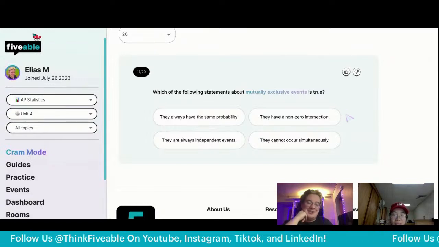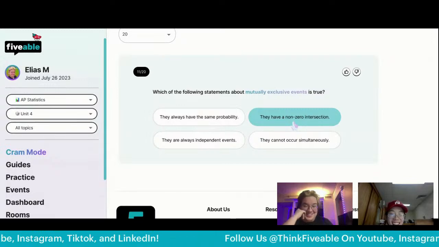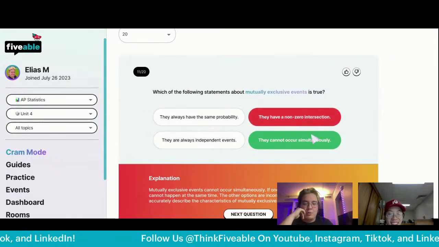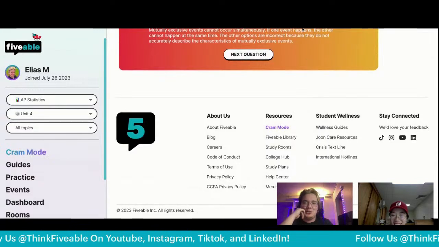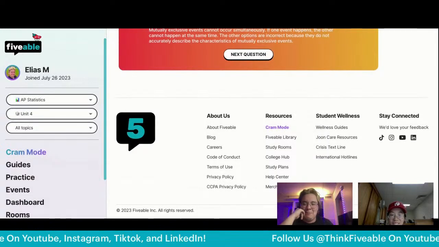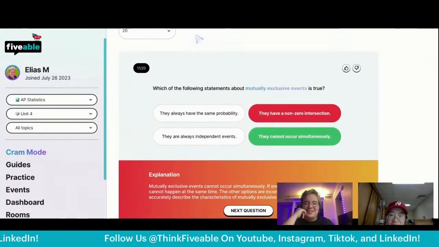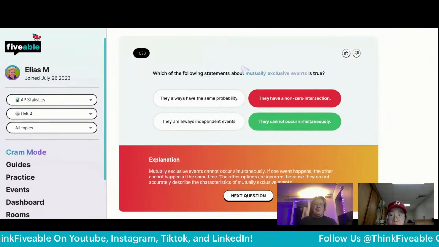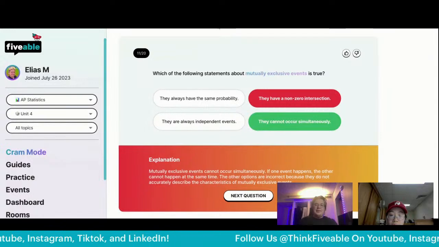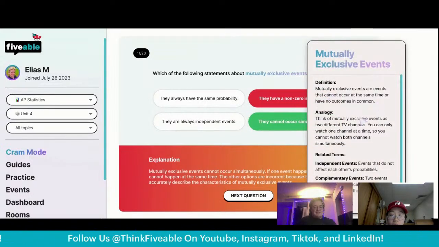So guess what I'm about to say? This one's wrong. Here, I'll prove it. Oh, you did prove it. I didn't think it would show the correct answer. We might as well go ahead with the correct answer then. They can't occur simultaneously. That's definitionally mutually exclusive, cannot occur at the same time.